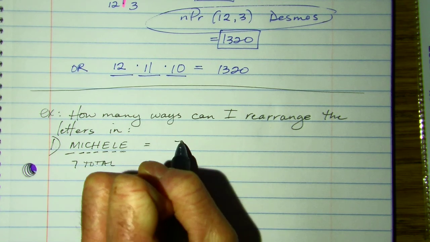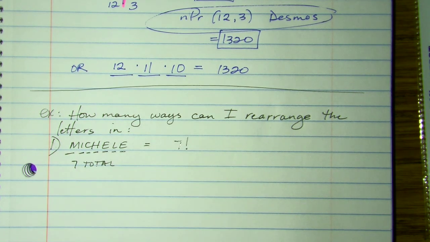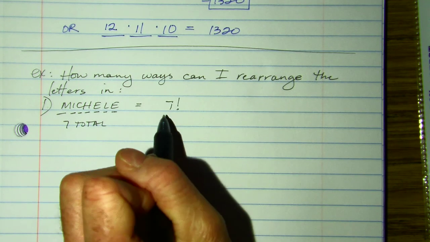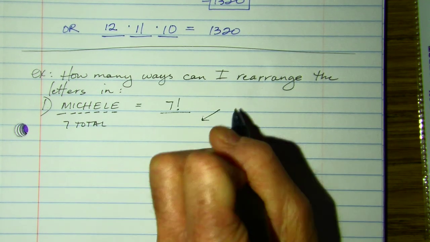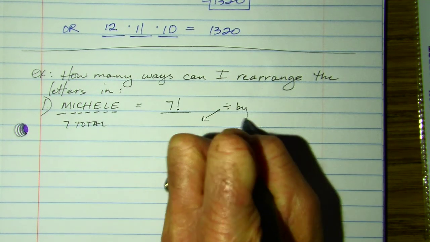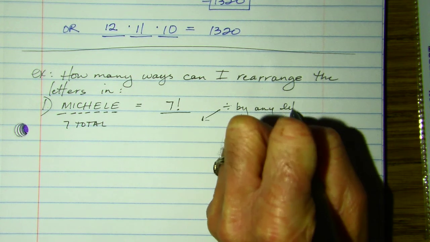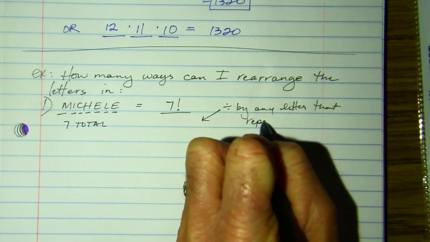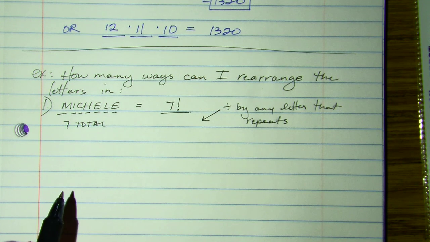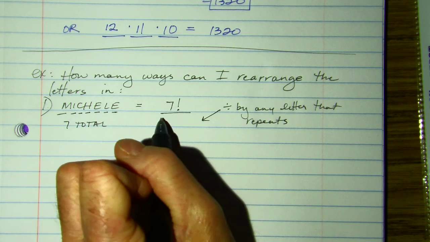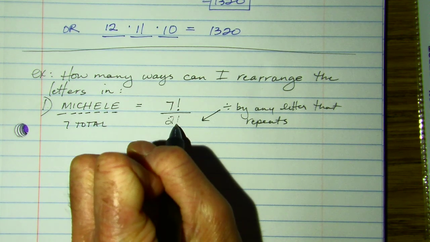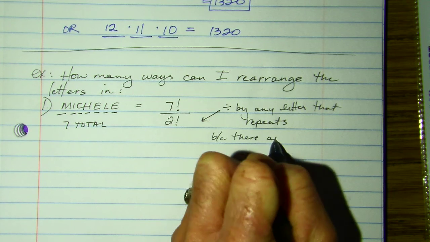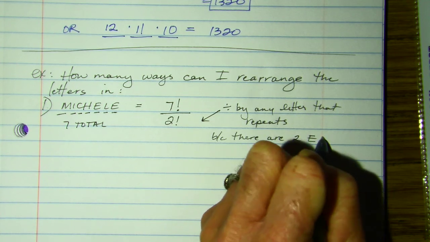So on the top I put 7 factorial because I have 7 spots where I could put a letter. On the bottom I have to divide by any letter that repeats. So in my name, I have 2 E's. So I'm going to divide by 2 factorial because there are 2 E's.